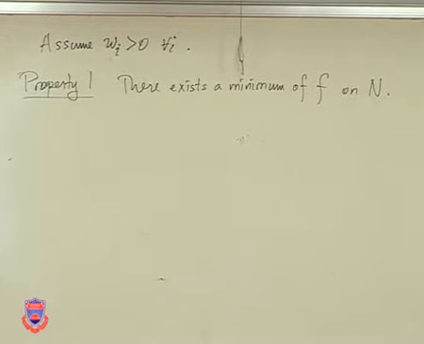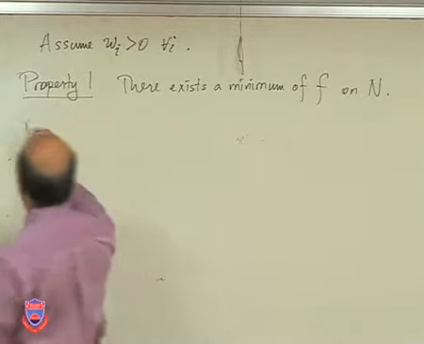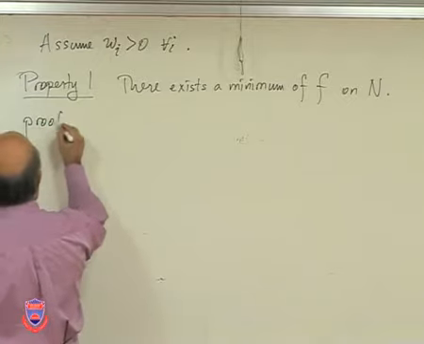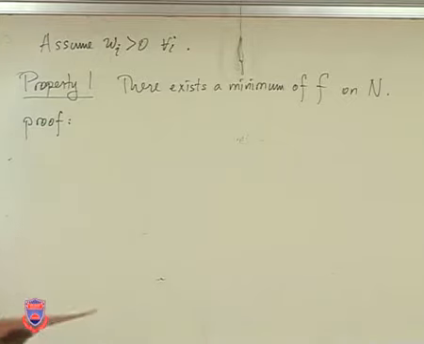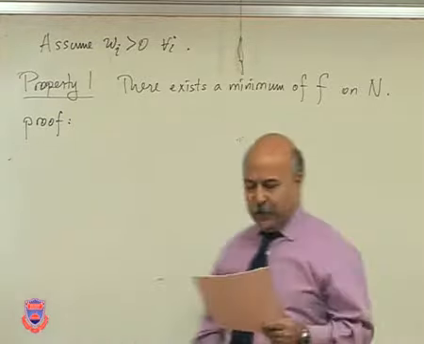Now, the first property I'm going to give you is that there exists a minimum of the function f defined in that manner on the network N. This is, of course, obvious when you draw pictures, but nevertheless, sometimes you have to be careful with these things.